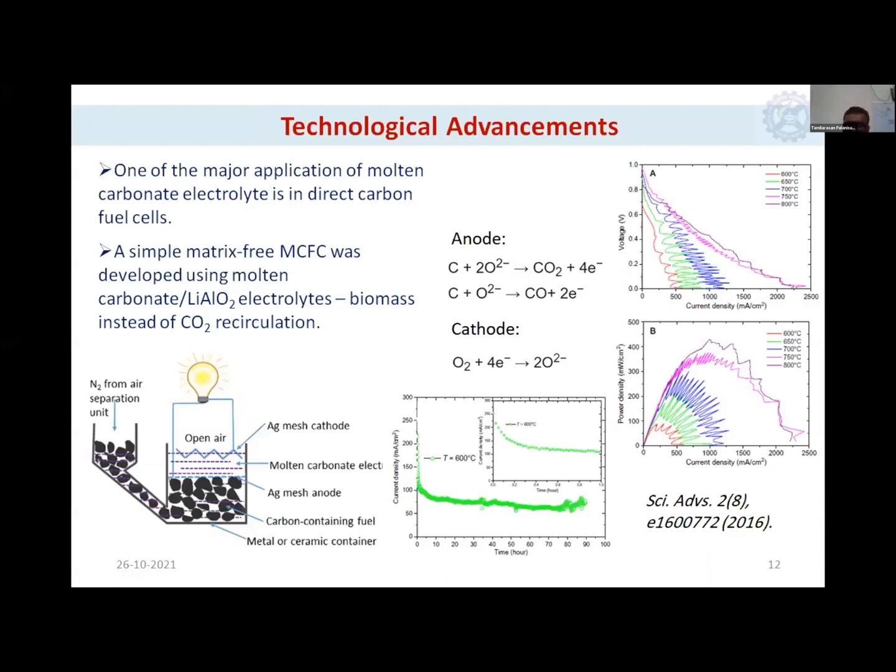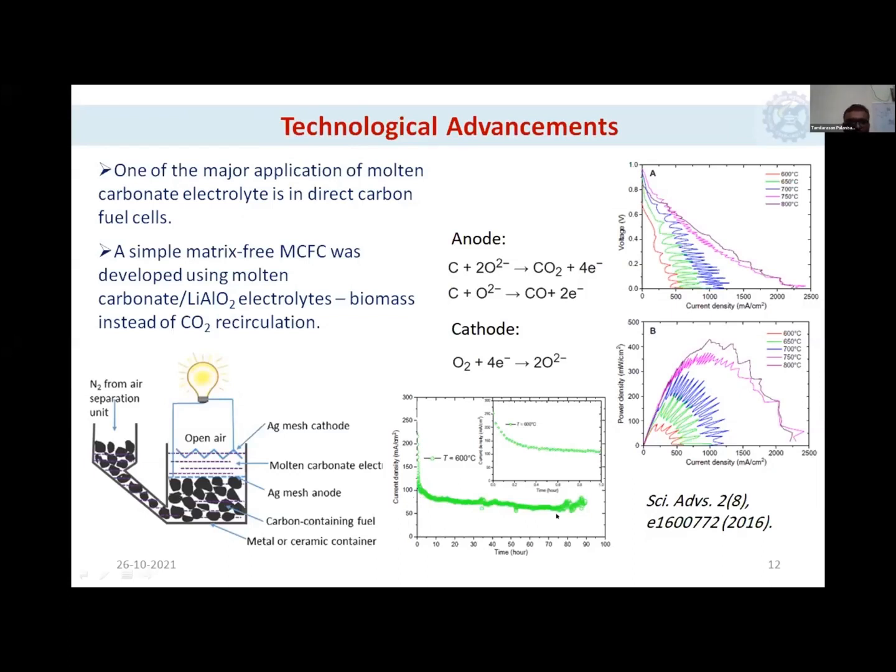And the maximum power attained, at 800 degrees Celsius, was almost 400 milliwatt per centimeter square. Okay. And the long-term stability they have also tested. It was tested up to 90 hours, almost more than 3 days, close to 4 days. And they attained a very good plateau at around 70 milliampere per centimeter square.